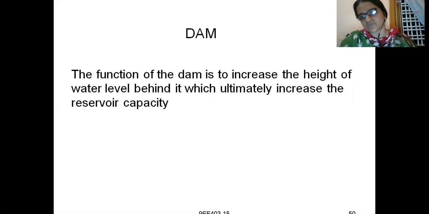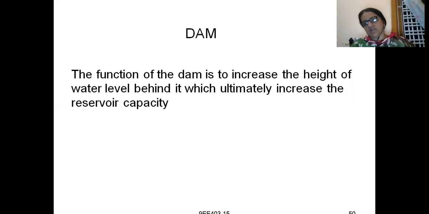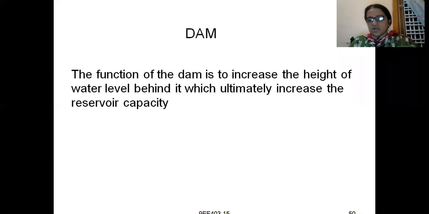The main purpose of the dam, as I have already told, is to provide water during summer season. The second purpose of the dam is to produce electricity. The function of the dam is to increase the height of the water level behind it, which ultimately increases the reservoir capacity.